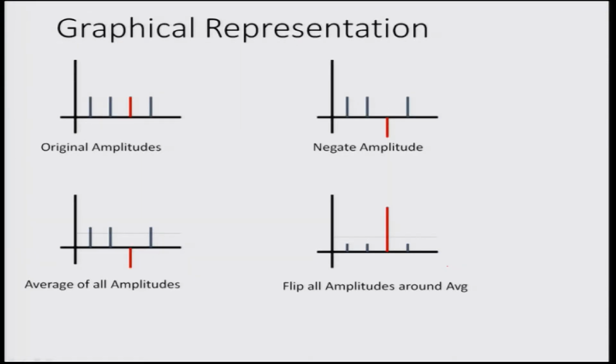In terms of graphical representations, this is what we have done earlier: once we get a marked system, we basically can go through the flip and then average them and then flip all the amplitudes around the average to get the marked state amplified.